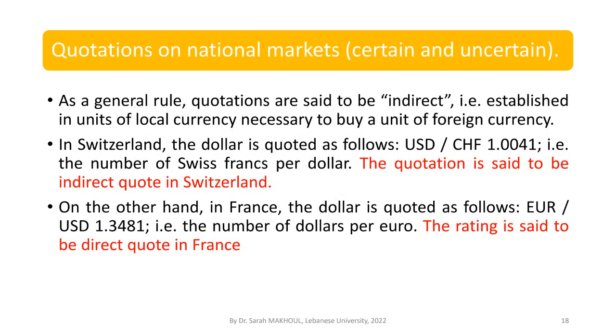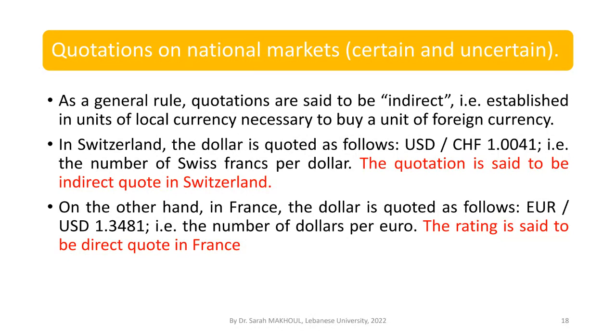So we need to know in which country we are and how the currencies are expressed, whether it is a direct or indirect establishment, also known as certain or uncertain quotation.